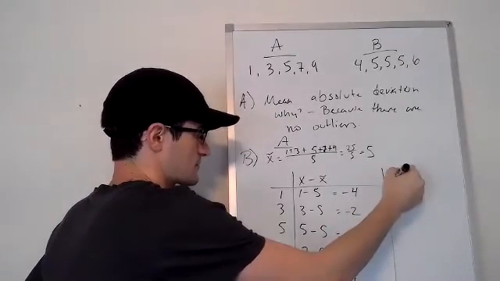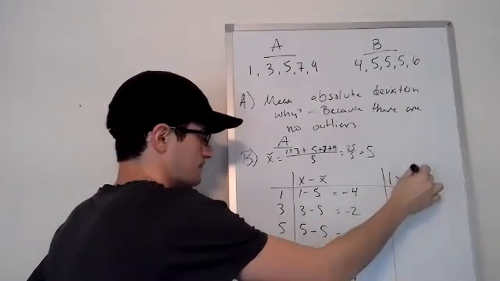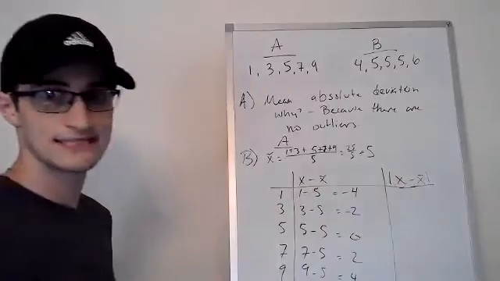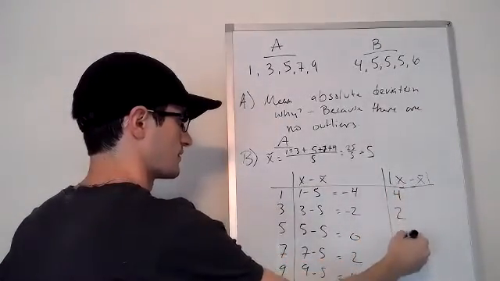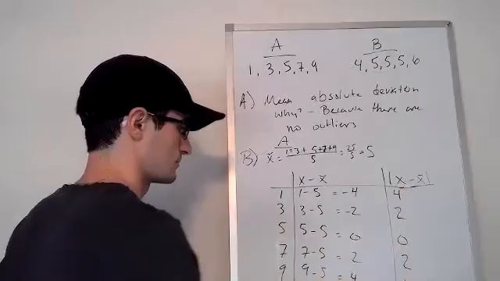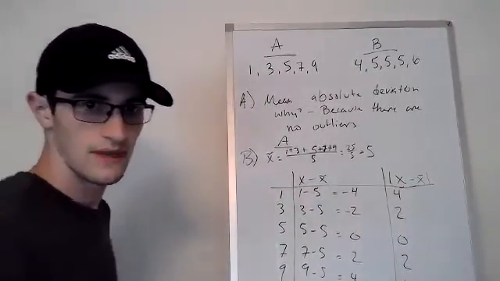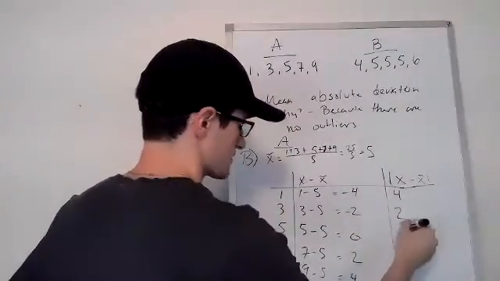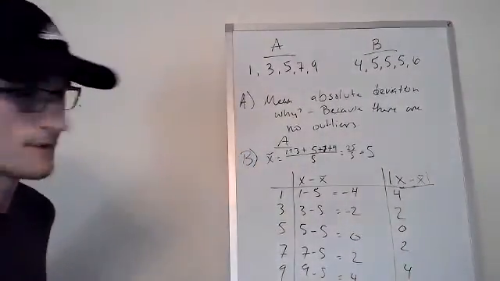Now we take the absolute value of that. So we take the positive version of that number. So 4, 2, 0, 2, 4. Okay.